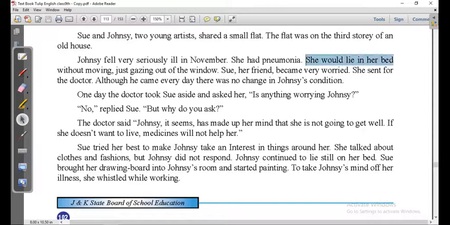She would lie in her bed without moving, just gazing out of the window. She was so seriously ill, she got pneumonia. Now she was bedridden and always used to gaze out of the window. This was a sign of depression.